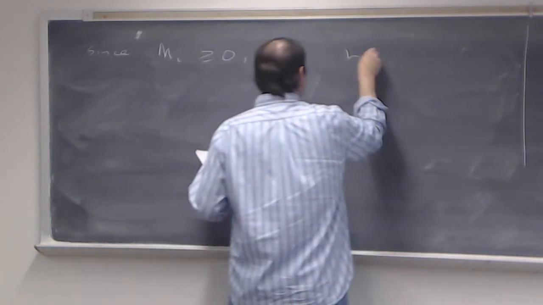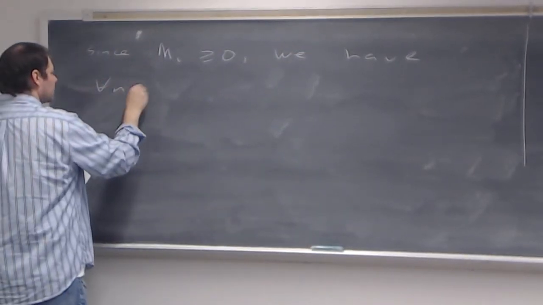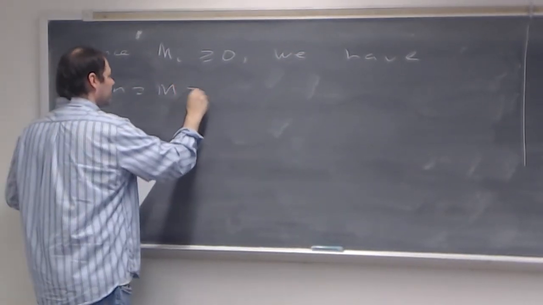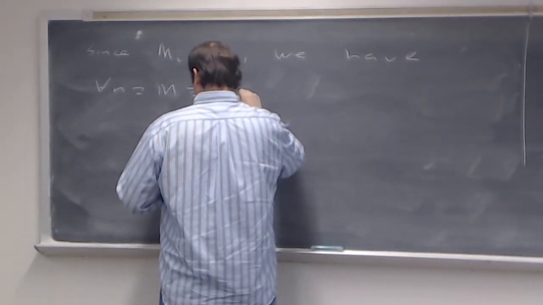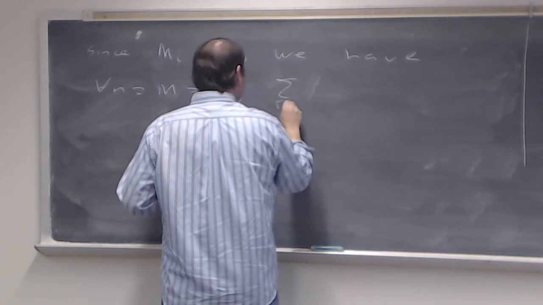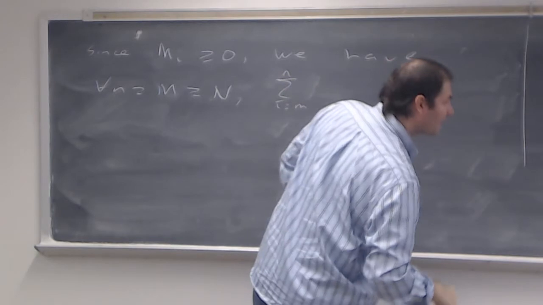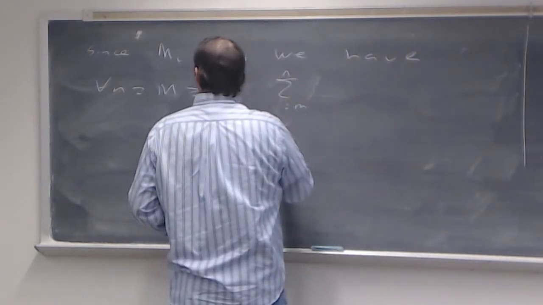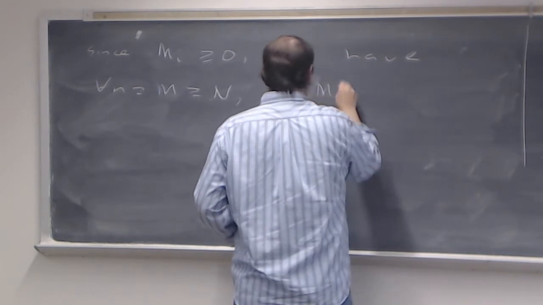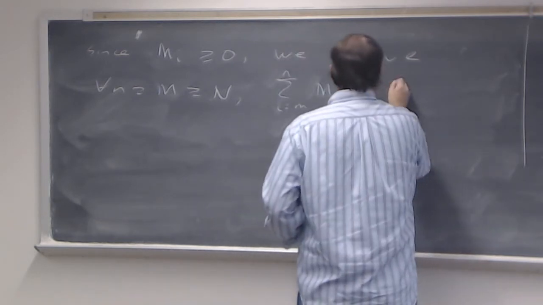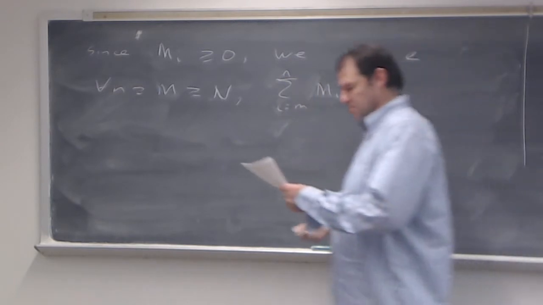Since that happens, we have that for all n greater than or equal to m greater than or equal to big N, the sum as i runs from m to n of m sub i will be less than epsilon. Beforehand I had k's, I just changed them to i's. No big deal.